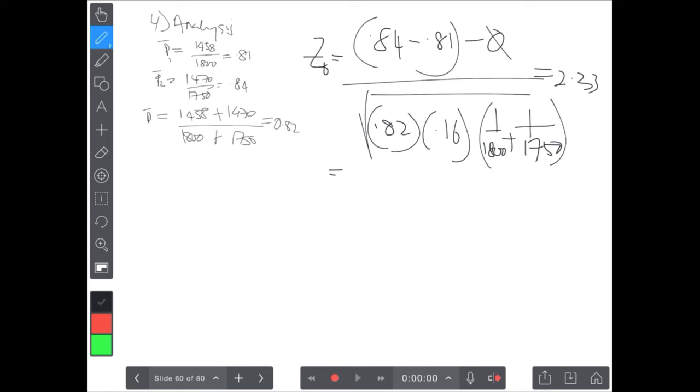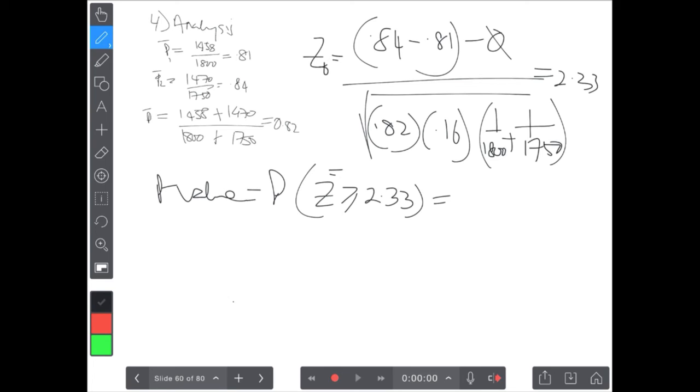We need to find the p-value. So the p-value is the probability of observing the sample evidence. What's that sample evidence? It is 2.33, or evidence that's even more extreme, or even more opposing of the null hypothesis. So that would be greater than or equal to 2.33.